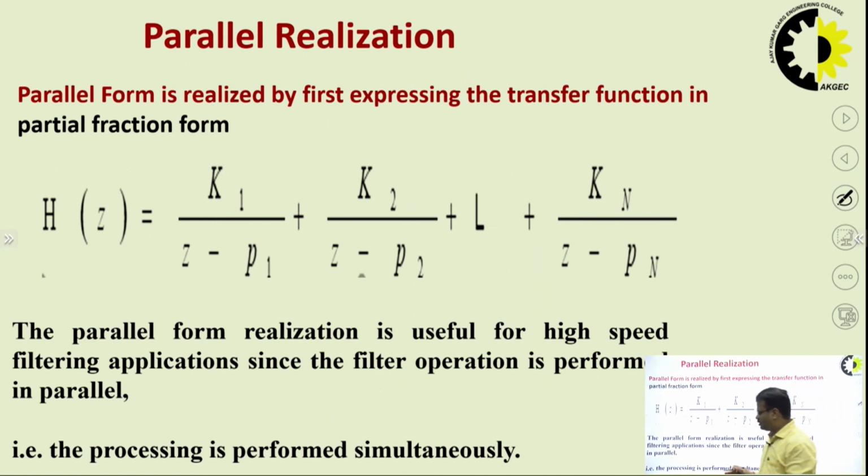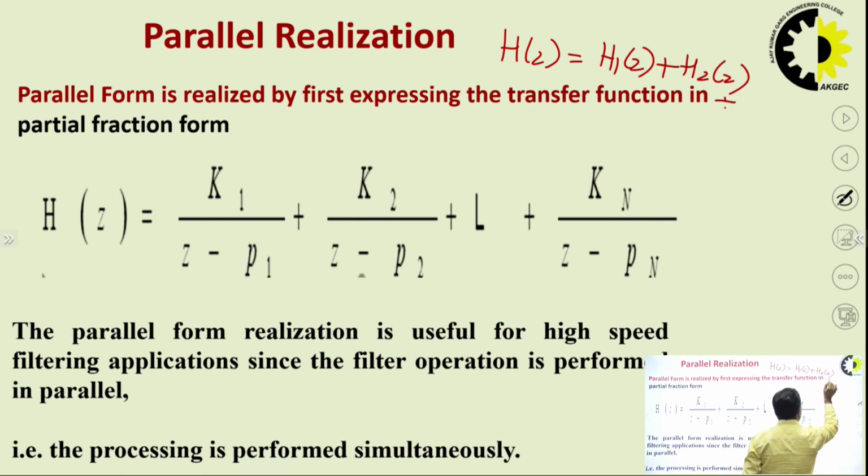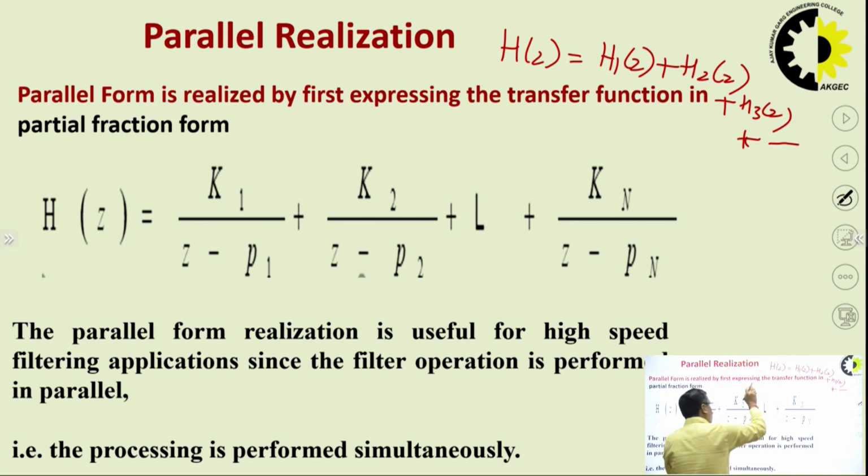Next, the last I will tell you, that is parallel form realization. In parallel form, you have to prepare this H of Z into additive terms, H1Z plus H2Z plus H3Z and so on. And to make the additive terms for this H of Z, what you need? You need partial fraction of the expression, okay.